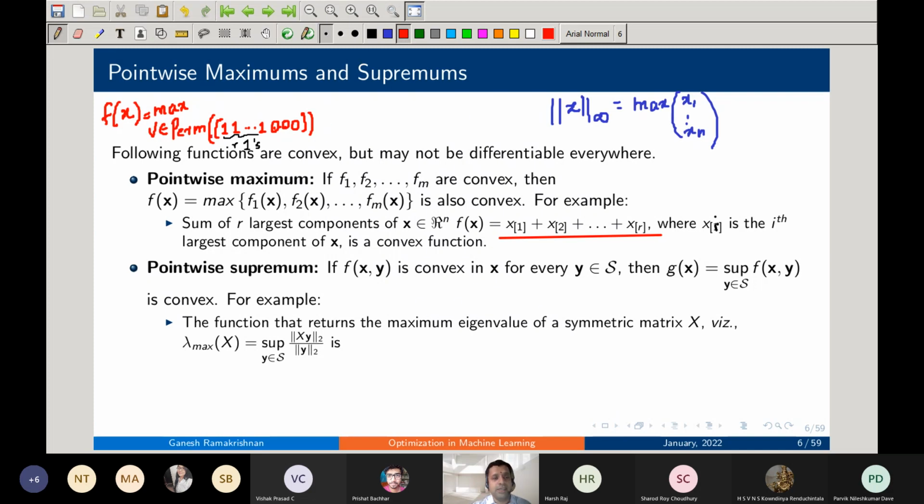Okay, so if you have V, which is a permutation of these ones, and I take a max over the dot product between x and V. There are a finite number of permutations of V, right? So maybe the kth permutation corresponds to fk, which is xk transpose V or whatever. So this is basically the sum of the r largest components of x.